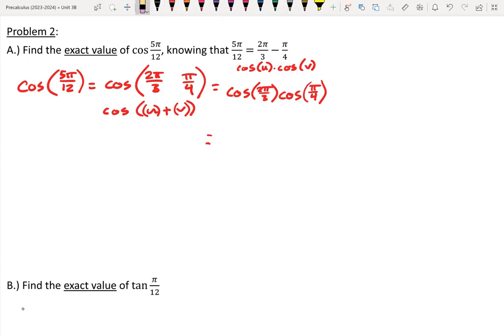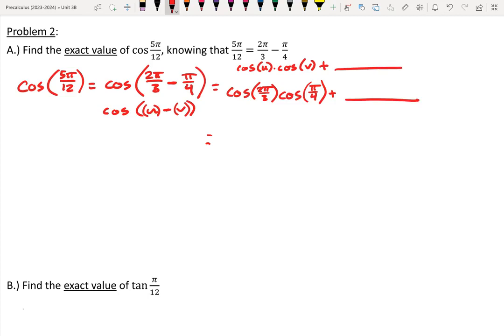But since we already have a difference formula, let's go ahead and just use it as a difference formula. All right? So pi over 4 should be positive as you're putting it through. All right? And then this one, with this subtraction, it's going to be addition. And what would be the rest of that problem?